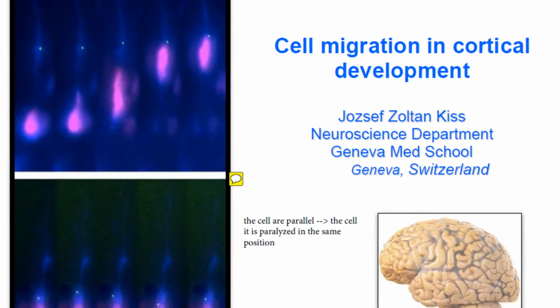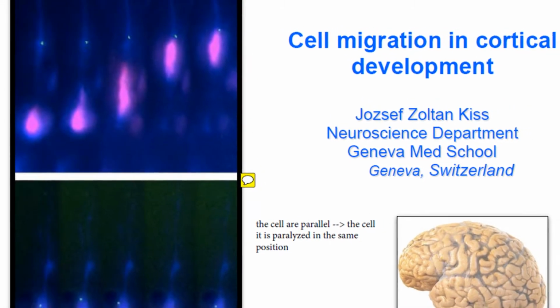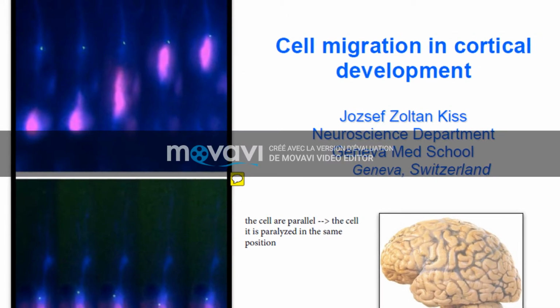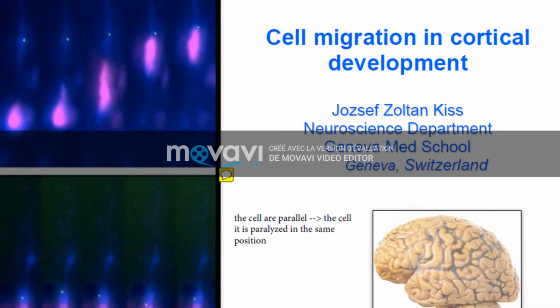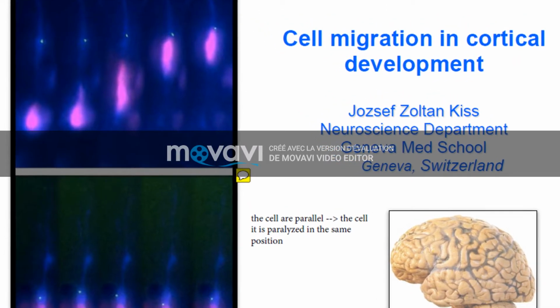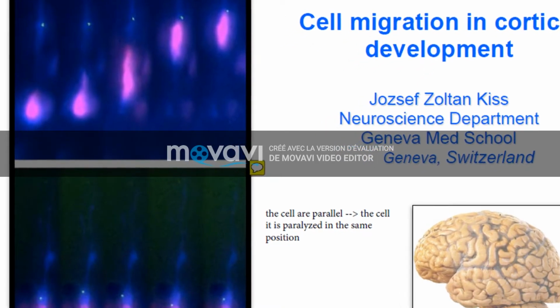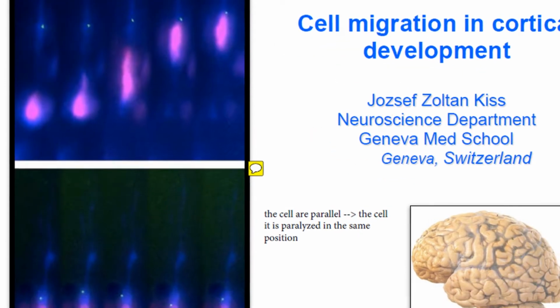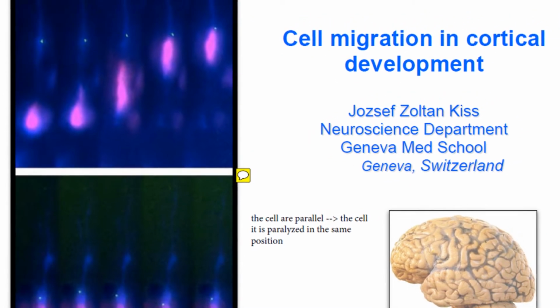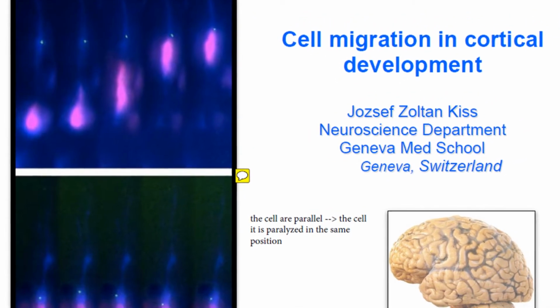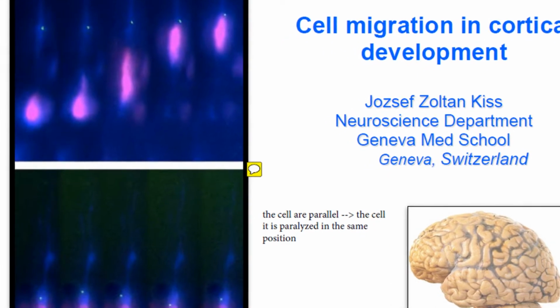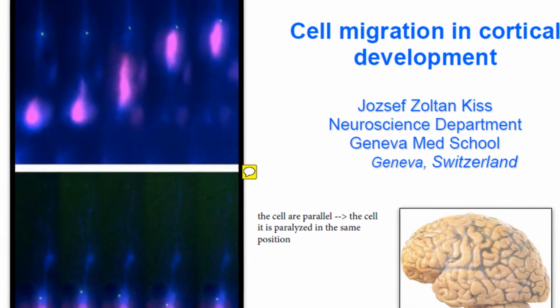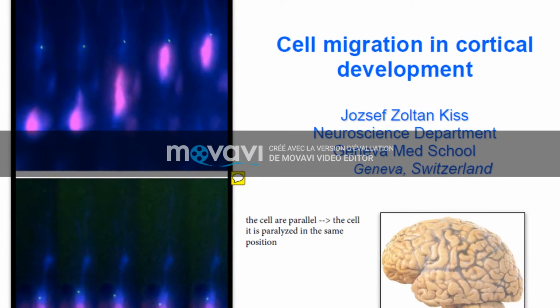What's very noticeable is that the temporal retinal ganglion cells always project to the anterior part of the colliculus. They never go further, posterior. And the nasal part will always go much further. It has a longer projection and terminates in the posterior part.